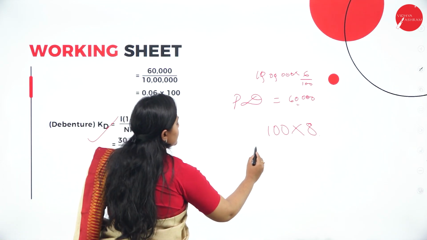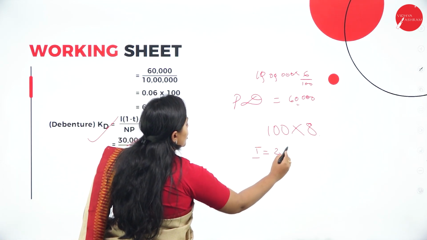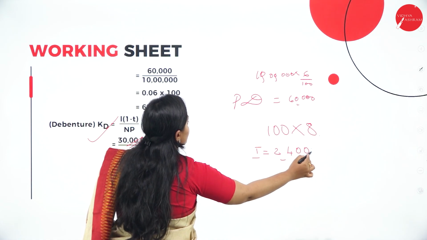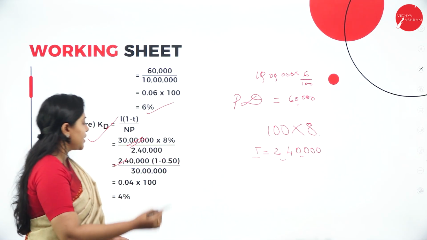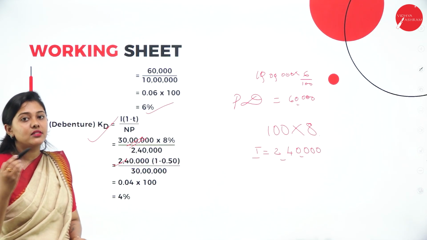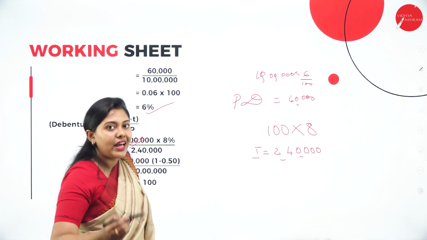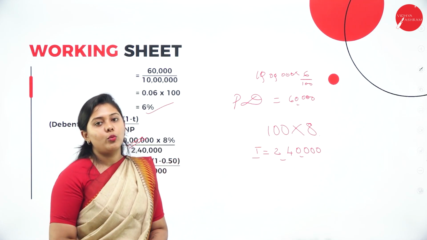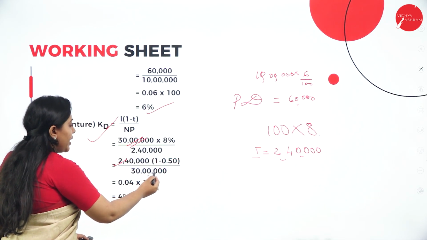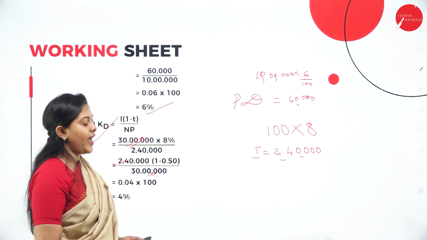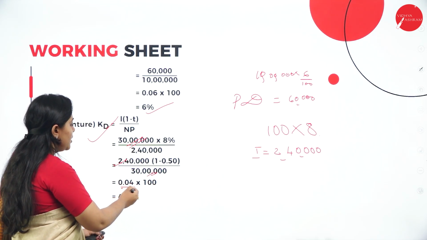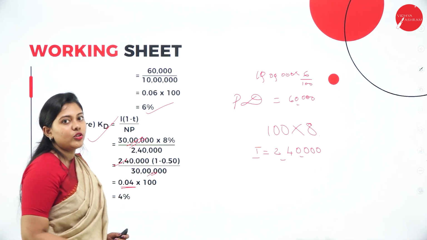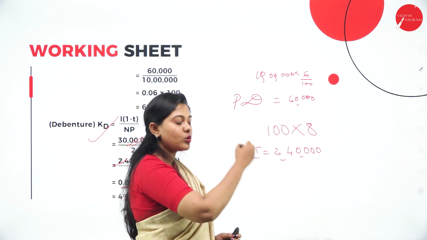Your interest. 1 minus tax rate 0.50. The value will be 0.50. 1 minus 0.50, it will be 0.50 divided by net proceeds, 30 lakhs. So if you do it, 0.04 only you get. If you have confusion, you can also try in this.